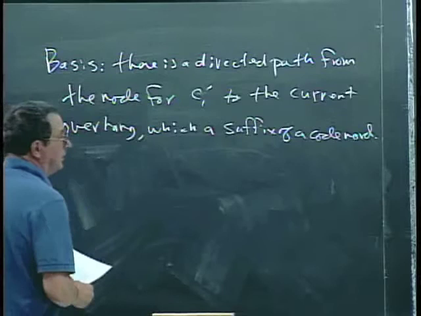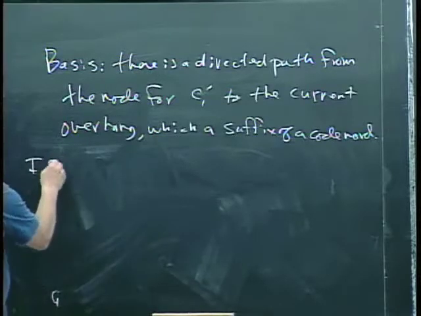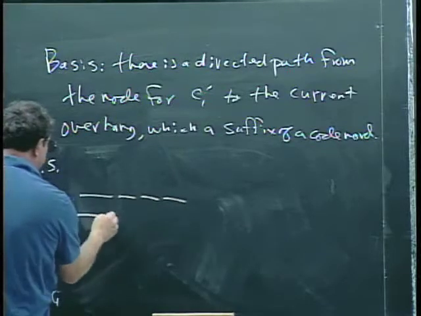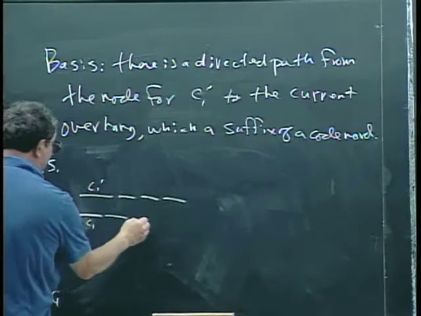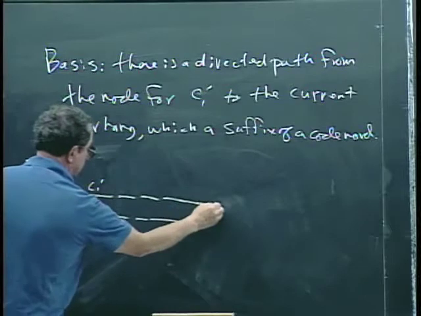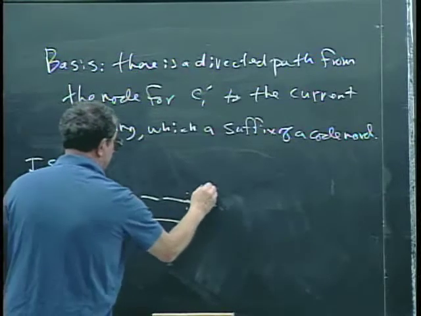All right. So let's look generically at the inductive step. Generically, we've done this parse for a while. This is C1 prime. This is C1. And here we are. This is the overhang.